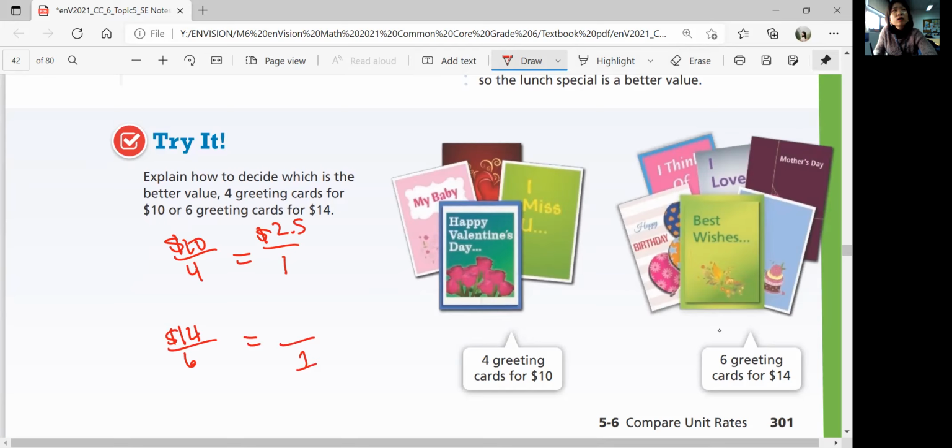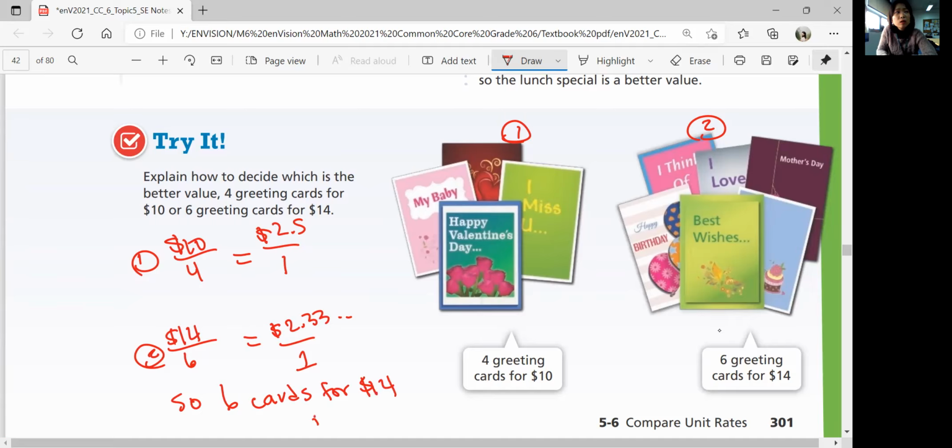For one greeting card for choice 2, you would divide 14 by 6, and that's about 2.33 and so on. So which one is cheaper? The second choice is cheaper per card, okay? So 6 cards for $14 is the better deal.